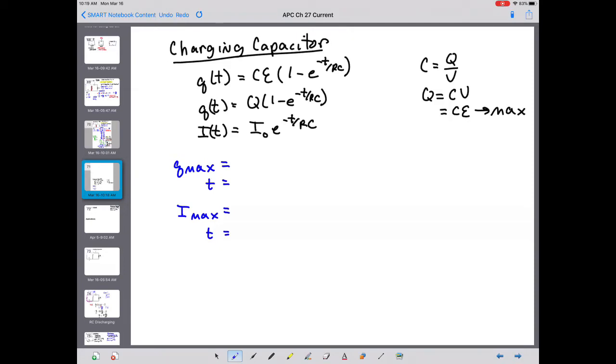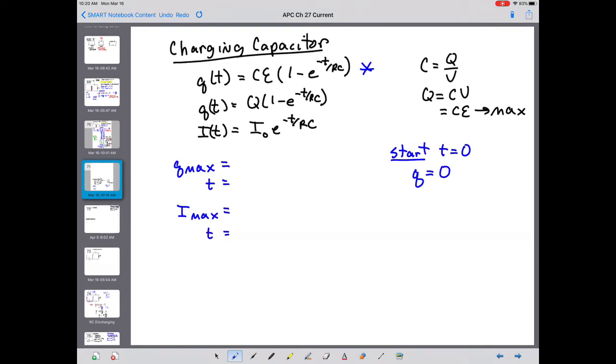In your RC circuit, when you first throw that switch, there is no charge buildup. So when you start at time equals 0, Q is going to be at a minimum. It's going to be 0. If you plug a time of 0 into your Q of t equation, you get e to the 0 power, which is 1, and then in your parentheses, 1 minus 1, which is 0.